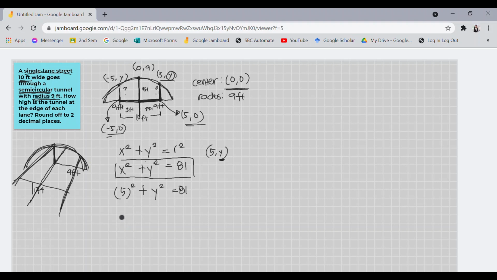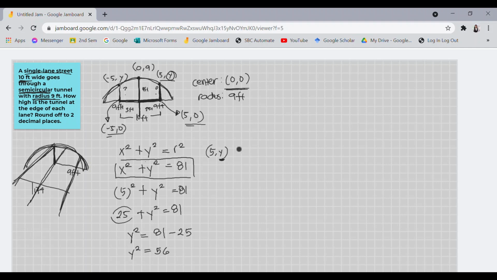So, substitute natin 5 quantity squared plus y is unknown, so we have y squared is equal to 81. And then 5 squared is 25 plus y squared is equal to 81. We will isolate y squared, so y squared is equal to copy 81, and then this 25 will be transposed sa kabila, magiging negative 25 siya. And y squared now is equal to 81 minus 25, we have 56. Okay? We have 56.